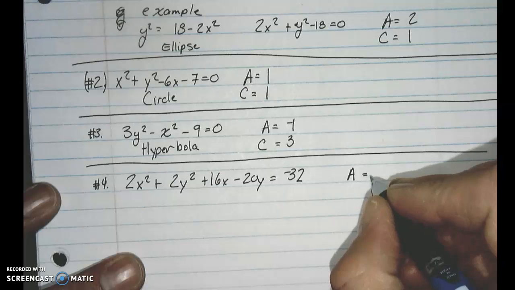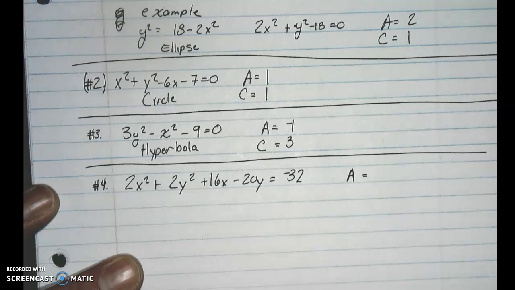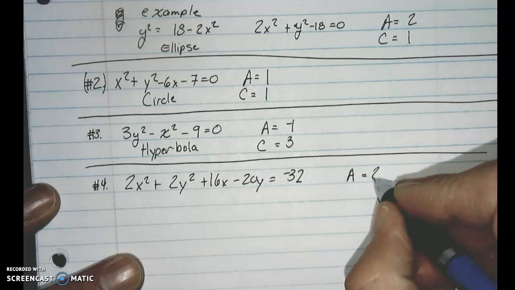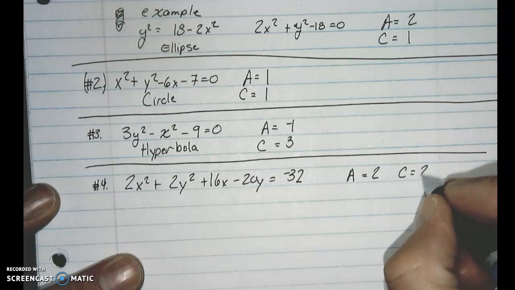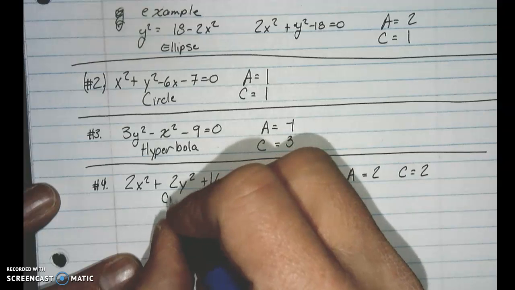Okay, well, now that you get kind of the format, do I need to add that 32? What's my A? What's my C? Very good.